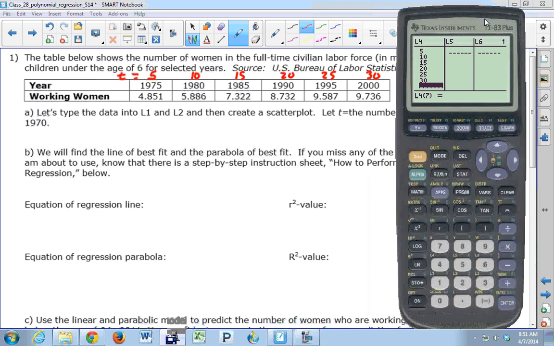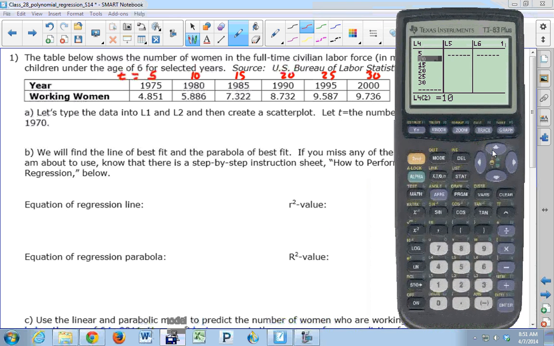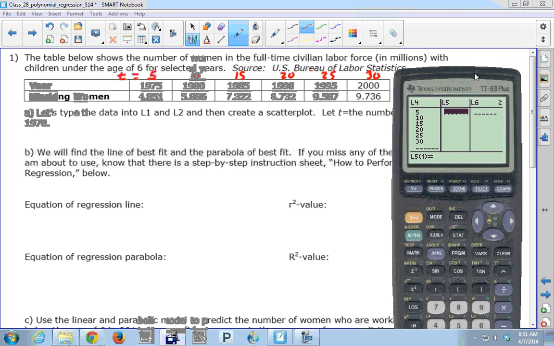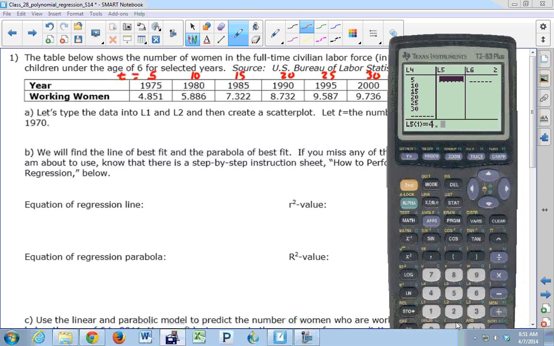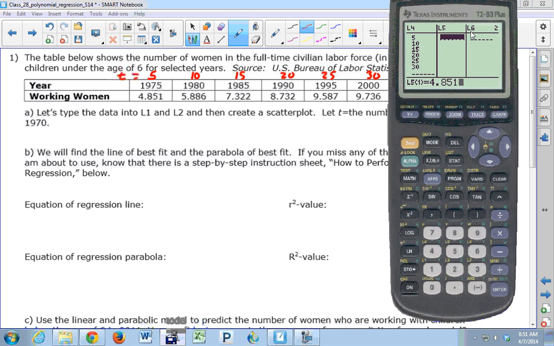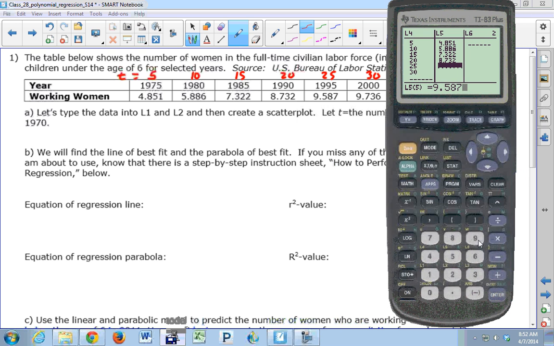Okay. And now we enter, and mine's L5. You might have L1 and L2. It doesn't matter. So now we enter the actual data for the number of working women, and the units here are in millions. So we have 4.851, 5.886, 7.322, 8.732, 9.587, and then the last one is 9.736.